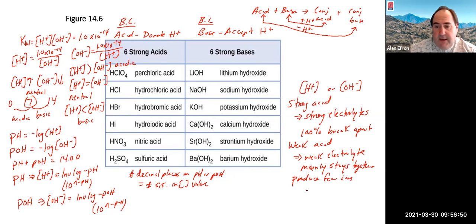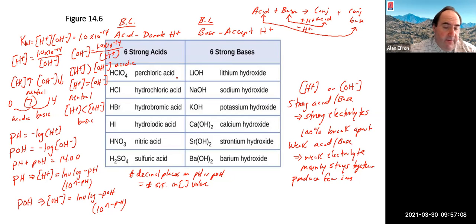It is still considered an acid, but nowhere near a strong acid, because it's not generating as much free H plus. Bases work the same way, basically the same deal.